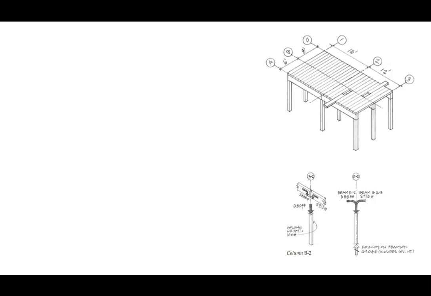And then we went over 6 different examples. This was example number 1. For this example, we wanted to calculate the ground reactions. You need to calculate the total live load and dead load that we have multiplied by tributary width for loads on each beam.